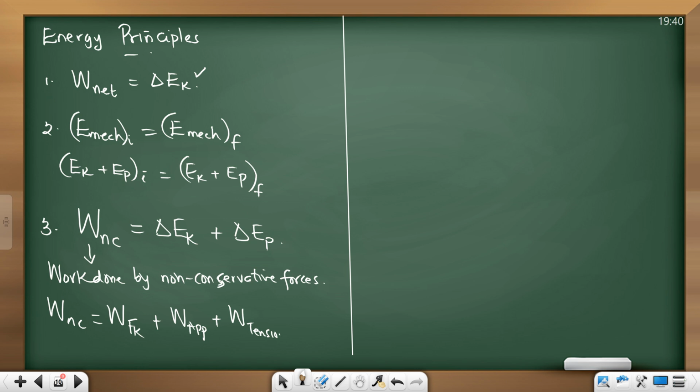Will that make sense? Because my non-conservative forces are fat: friction, applied, and tension, so please don't forget that. We wrote that earlier on, right?